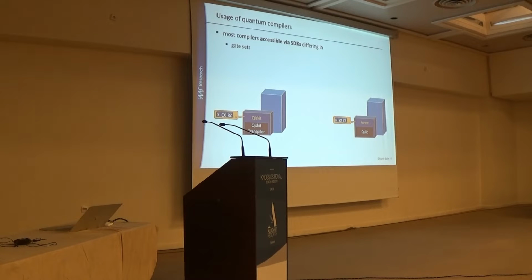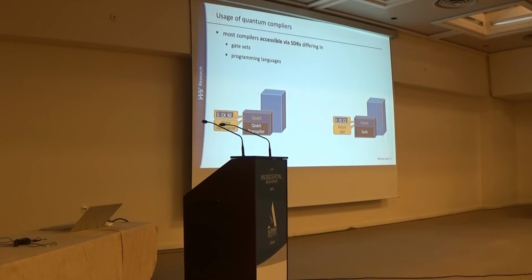And now the problem is here that these SDKs differ between each other. So, for example, these SDKs support different gate sets. For example, the Rigetti or the Forest SDK supports the gate sets of Rigetti, but it does not support the physical gate set of the IBM quantum computers. So this has to be kept in mind.